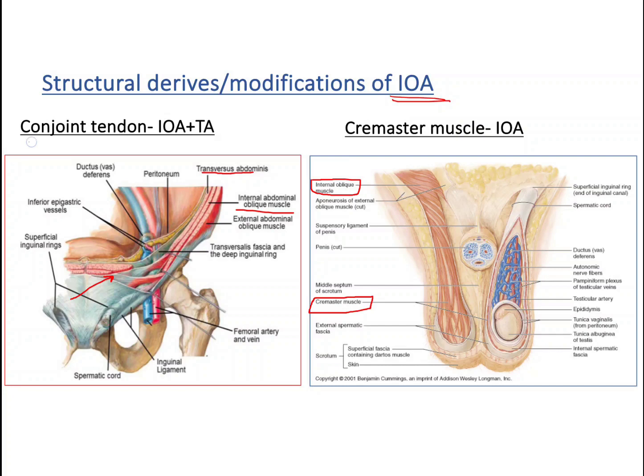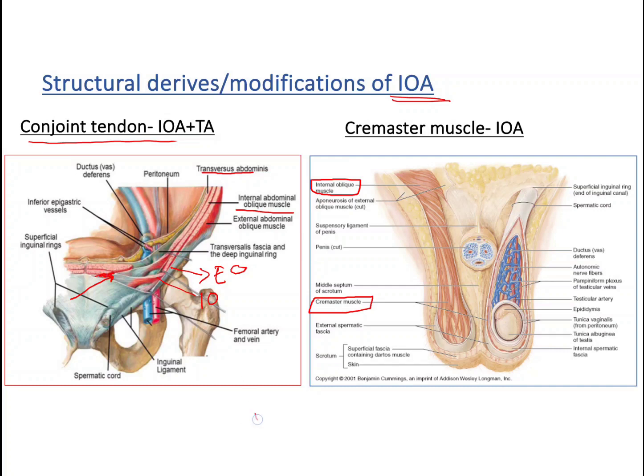First one is the conjoint tendon. What is the conjoint tendon? Here you can see the external oblique abdominis muscle and the internal oblique. What happens when it goes medially? The aponeuroses of the internal oblique and transverse abdominis fuse to form a single layer over here.